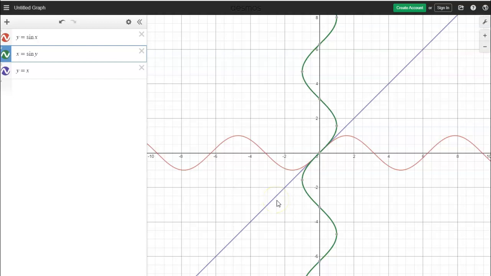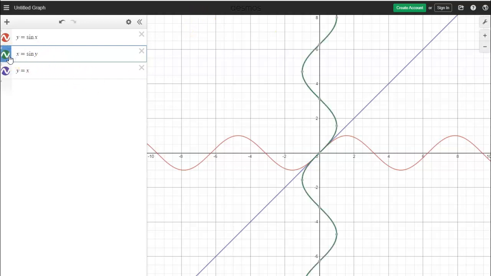Another way to think about this, if you're more of a hands-on, is if you have a graph like this on your paper and you were to crease that y equals x line, just fold it over that line, then the graph that you originally drew would go right on top of where the inverse is going. It'd be that reflection.